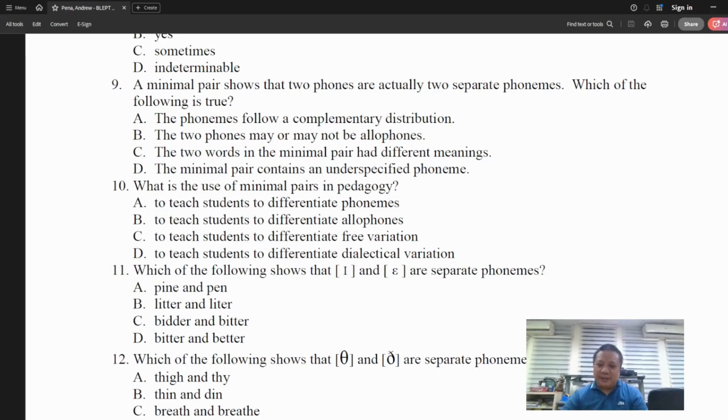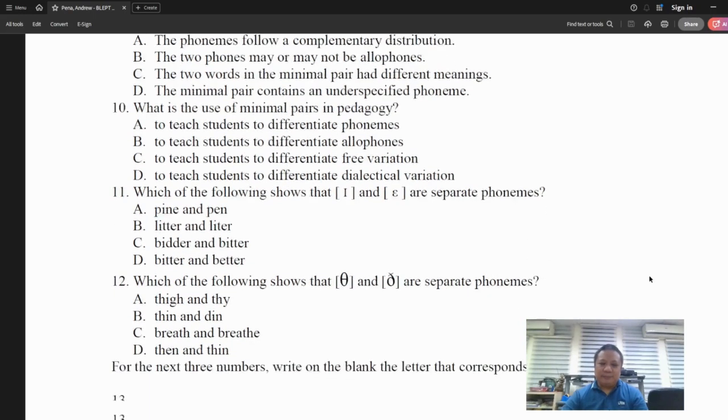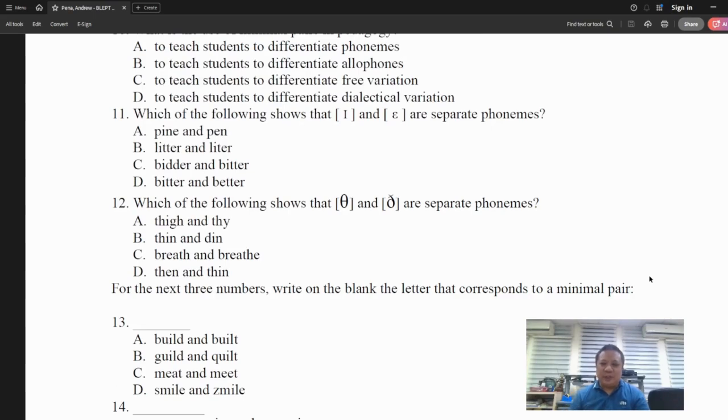Number 11. Which of the following shows that [i] and [ɛ] are separate phonemes? A. Pine and pen. B. Litter and litter. C. Bitter and bitter. D. Bitter and better. So, notice pine and pen do not involve the [i] and the [ɛ].